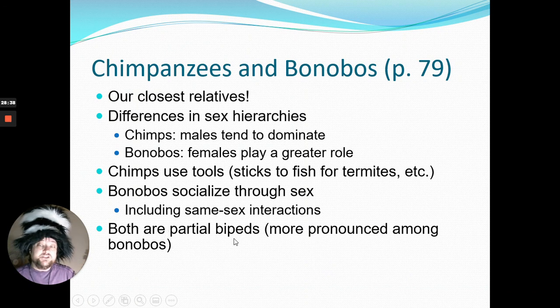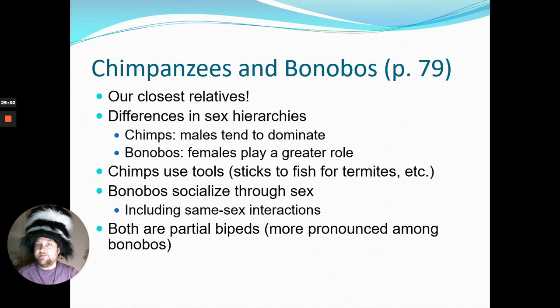Both of them are partial bipeds, and this is going to be important for next week's material, because we're going to look at how humans are different from apes in terms of being habitual bipeds or full bipeds, walking on two legs, all right? Bonobos do it a bit more than chimps. Gorillas do it a bit too, but bonobos can do it for quite some time, but they don't do it all the time.